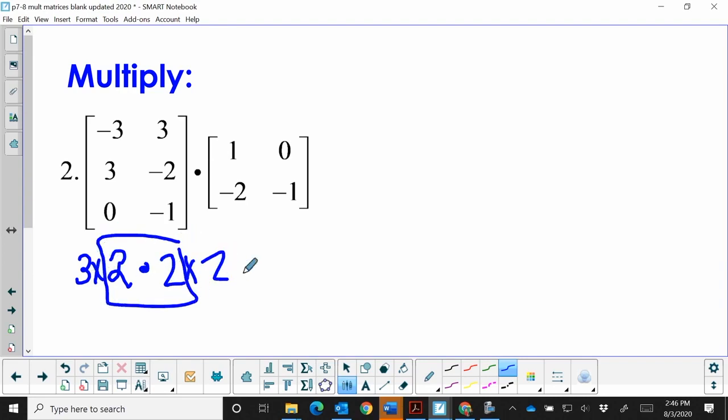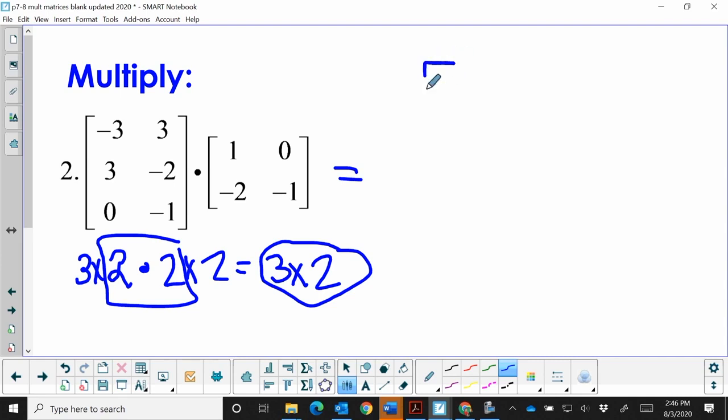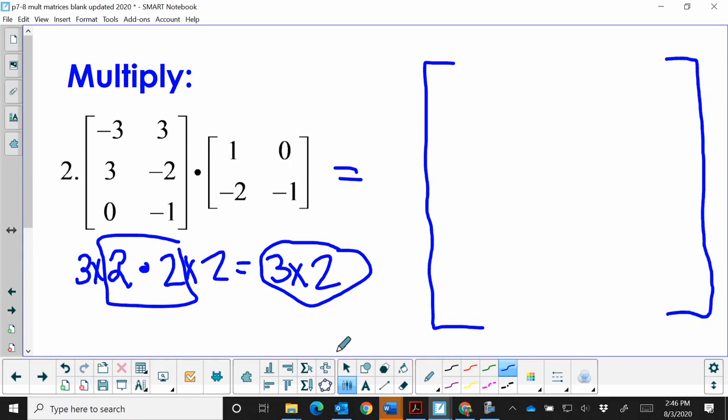The inner dimensions match, and my outer dimensions give my solution. So my answer is actually going to be a 3 by 2. So when I go to set this up, I'm going to make sure I leave room because I'm going to have 3 rows and 2 columns. So it's going to be longer and skinnier.